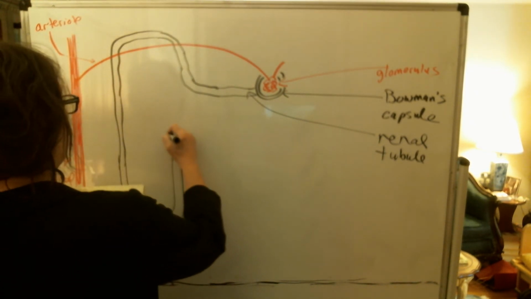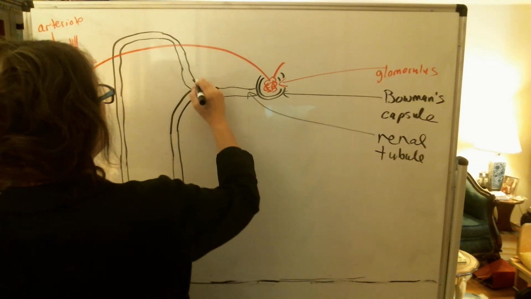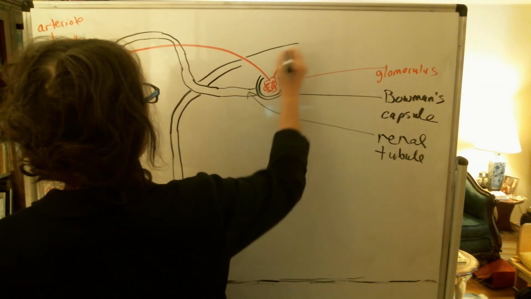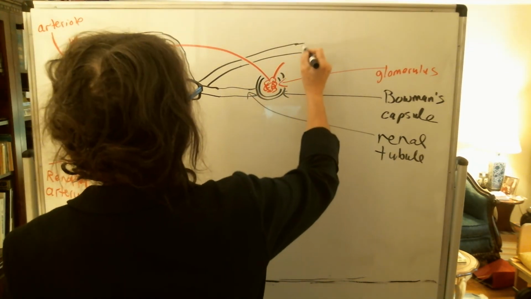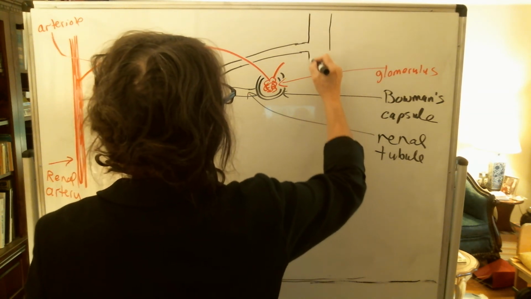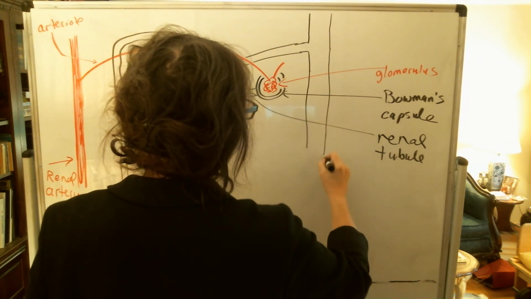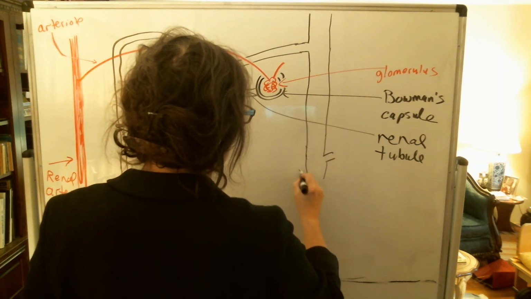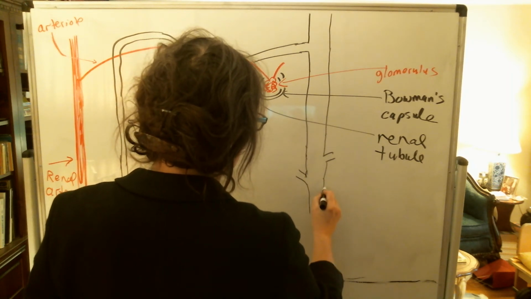This is where things start getting a bit complicated. So the renal tubule, it's not intersecting this, it's merely going this way, roughly speaking, like so. And eventually the renal tubule will connect up with a bigger tube that will also be collecting urine from other renal tubules, which I'm kind of symbolizing this way, like so.